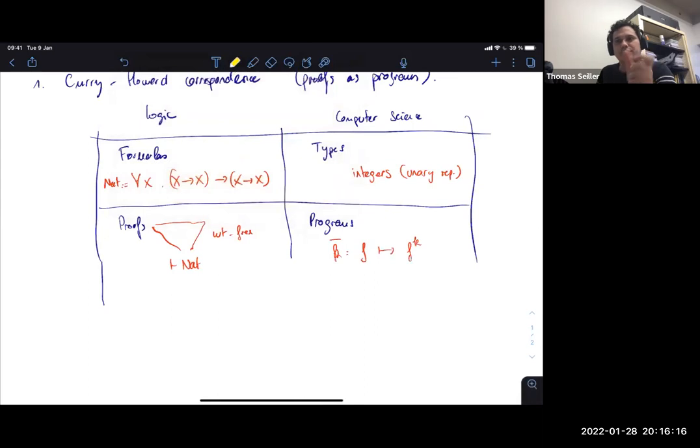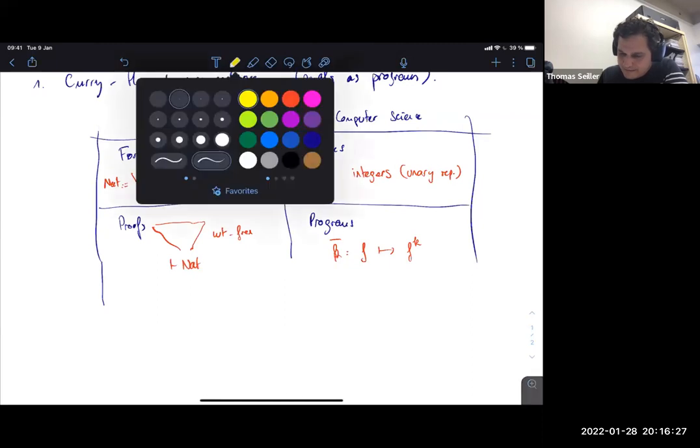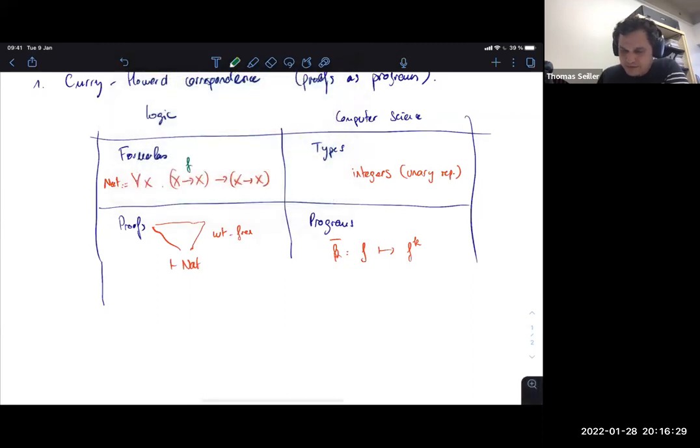So you give a function, and then you have to produce a function as output, right? So you take f, you have an f here, and then you produce a new function. And the way you can do this with just f is by iterating f a number of times. So you have an exact correspondence between natural numbers and the proofs of this formula.